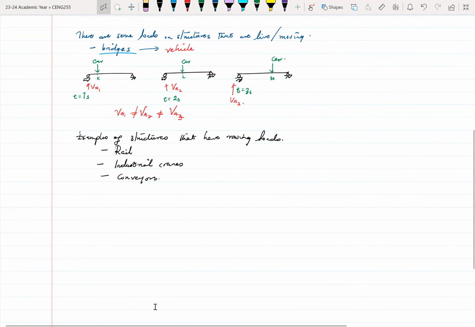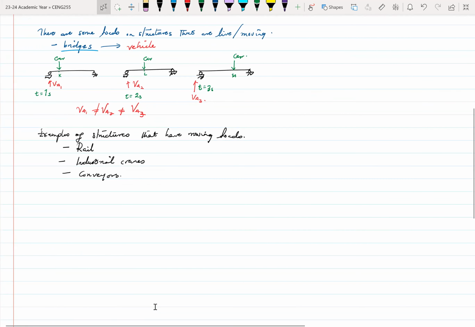So let's see. Okay. If you have the case whereby the loads are moving, it means that it is difficult to determine things like shear force for the entire beam. All right. Because then what it means is that you have to determine the shear force for the entire beam at every instant in time, right?